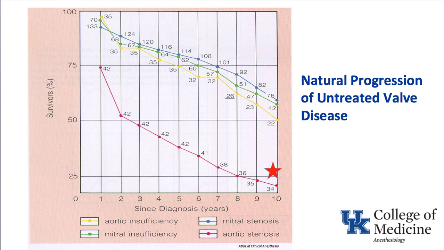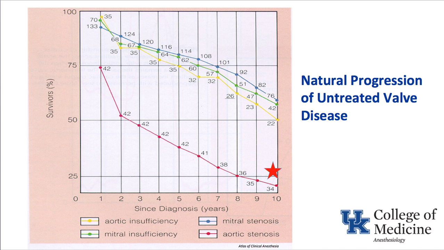What's the natural progression of a patient with valve disease who is left untreated? This graphic shows survivors percentage on the y-axis, and on the x-axis time since diagnosis. One thing that's interesting to see here is that the lesions aortic insufficiency, mitral insufficiency, and mitral stenosis, the yellow, green, and blues here, have a pretty similar decrement in survivors over time since diagnosis.